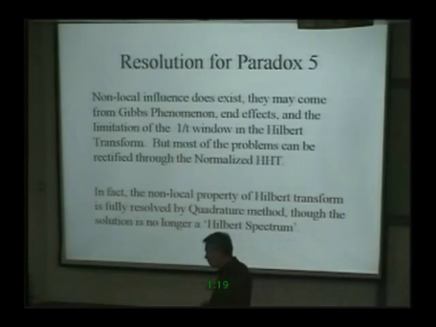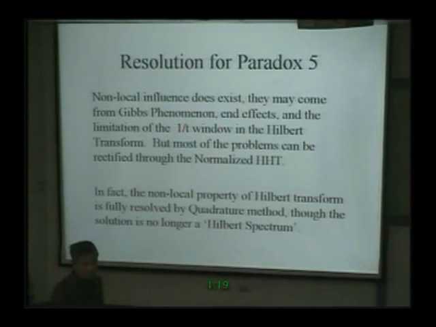The problem is this. Yes, Hilbert transformation is not local, but it has a 1/t window. When t minus tau equals 0, it gives you a lot of weight. Okay, so 1/t window in Hilbert transformation.